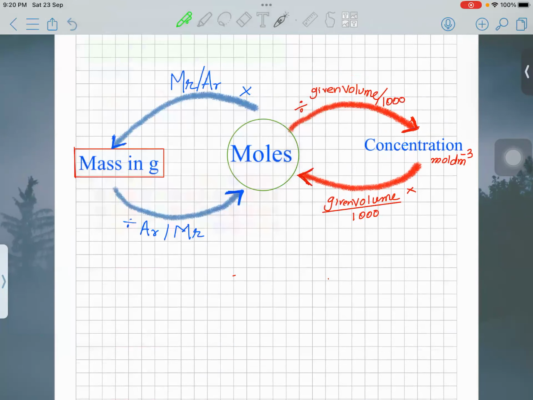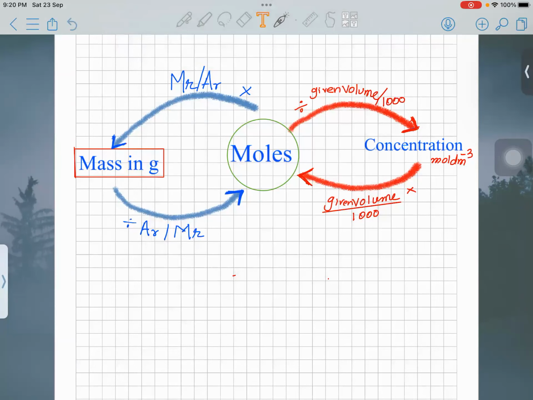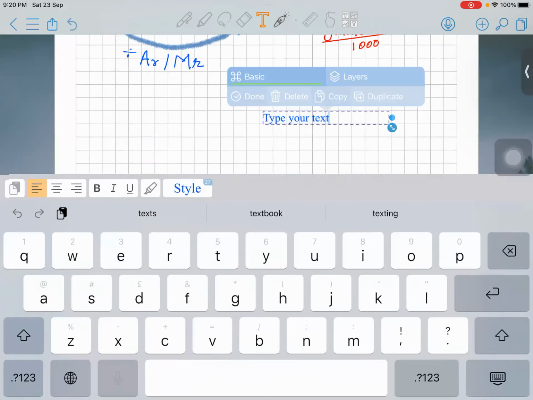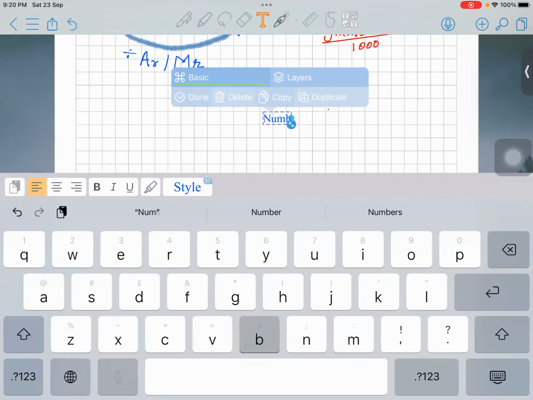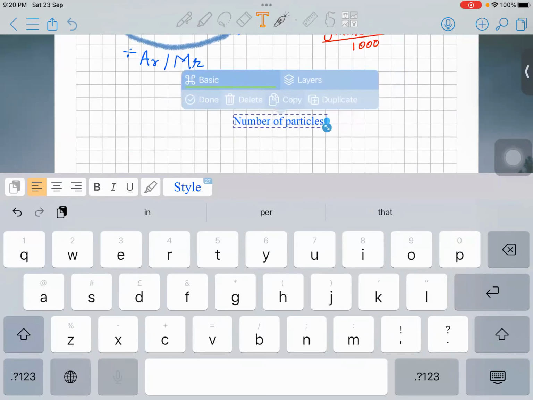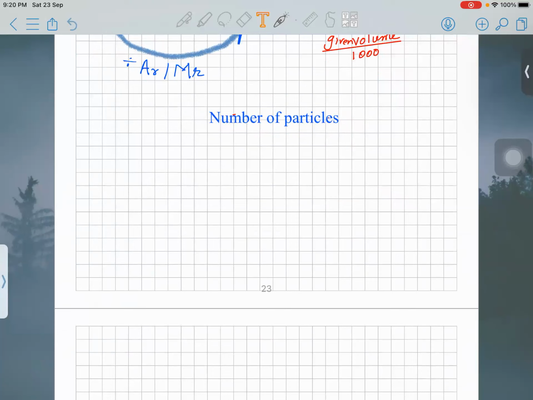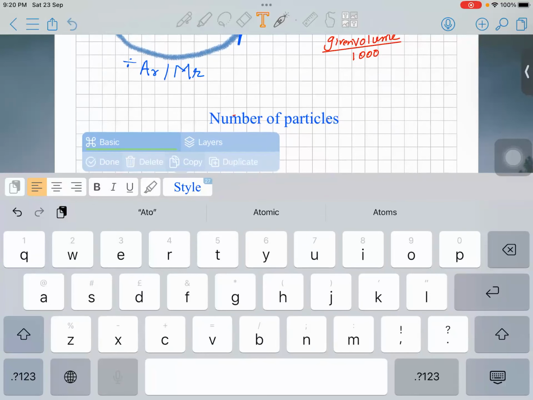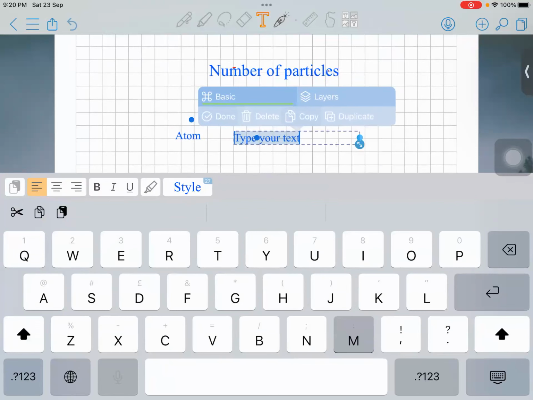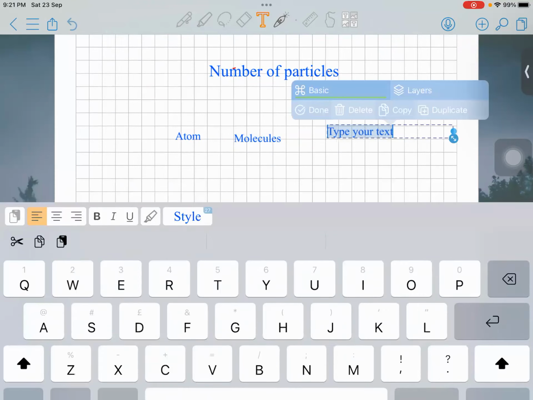Now next is number of particles. Number of particles means atoms, molecules, ions.